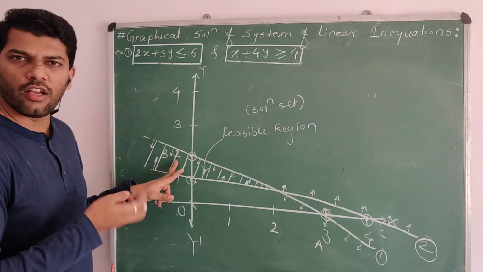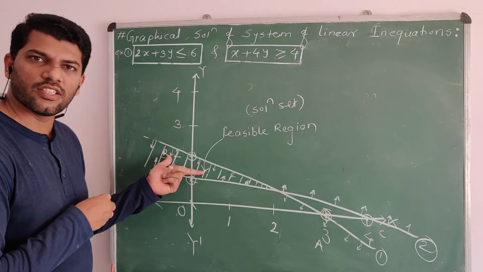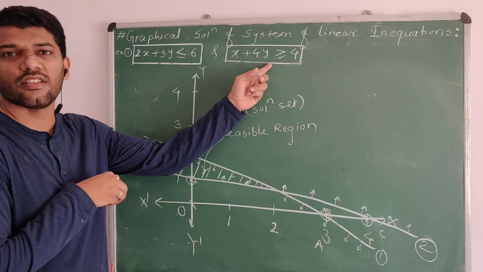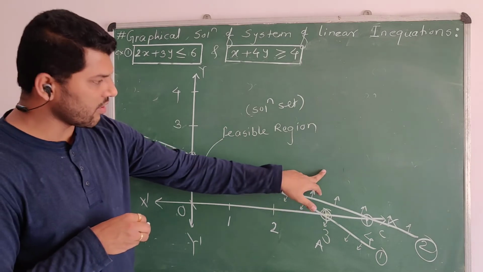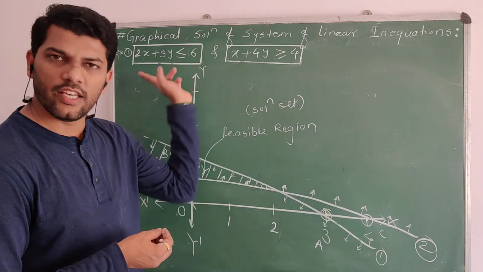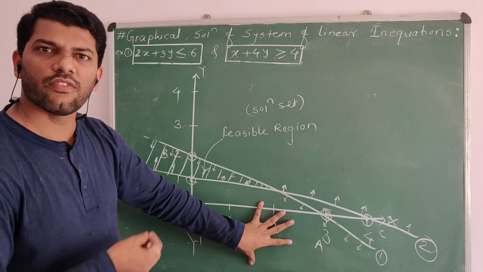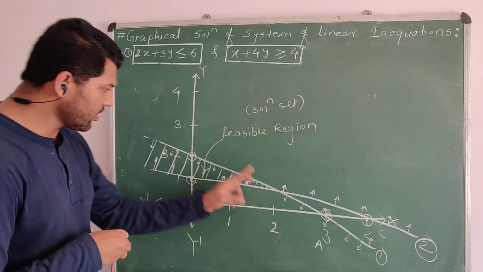What is the meaning of this feasible region or solution set? Any point from this region definitely satisfies both these inequations simultaneously. Any point from this other region satisfies only one inequation, not the other one. From this region also, it satisfies only one inequation, not the other one. So this is the region.